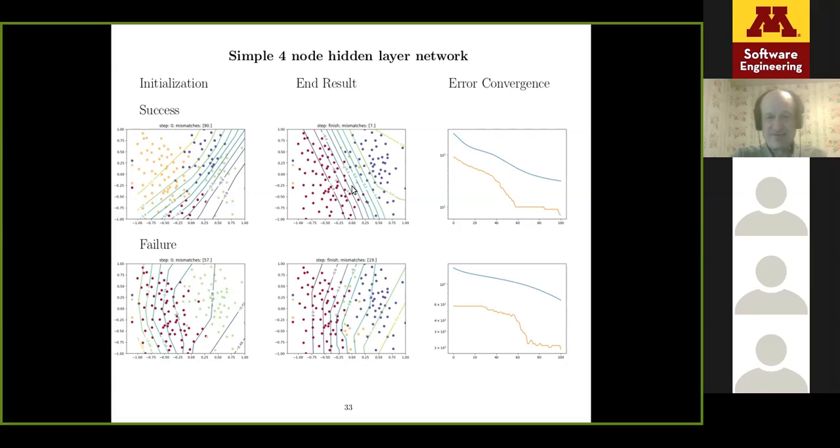If you think that you're going to be able to catch more salmon and sea bass, you might move this threshold a little bit to the right. And the last curve gives you the convergence. The blue is the measure of the error function, which is a sum of squares of the errors of the smoothed output. And the yellow line is simply the discrete number of mismatches.